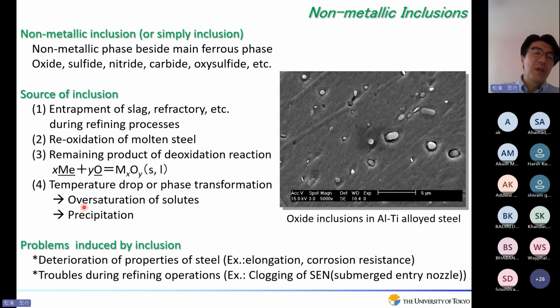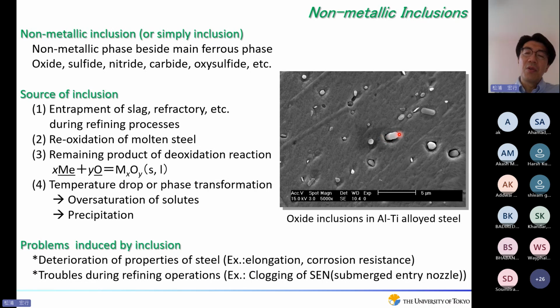And then, as I mentioned a little bit, the problems induced by inclusions are summarized here. The first part is the critical influence on the steel properties, like elongation, corrosion resistance, and so on of steel products. If you have some inclusions in the steel materials, the shear stress is concentrated on the interface between the non-metallic inclusions and the matrix metal phase, and then cracking will be initiated from this point.